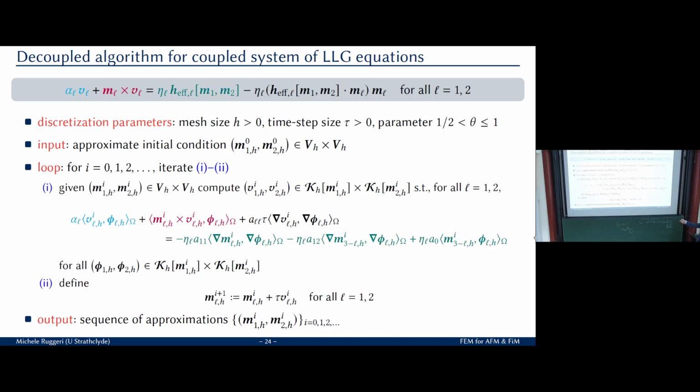Here I'm comparing the terms, and if you exclude the red term, you will have what you had before with the decoupled algorithm. Here I cannot choose the metric, because the metric is imposed by the dynamic equation, it's L2, but I can choose the treatment of the effective field contributions, and I think the good option here is to go for the decoupled algorithm, because it is significantly faster.